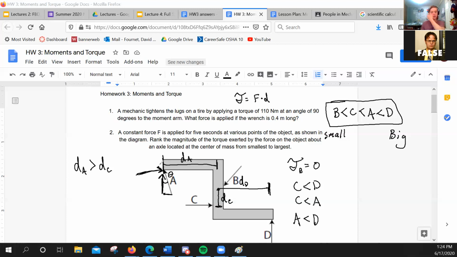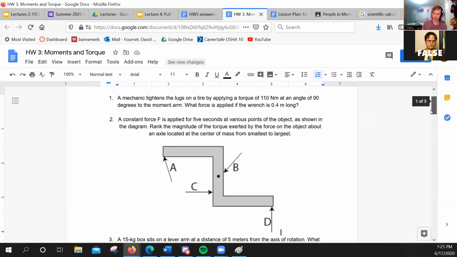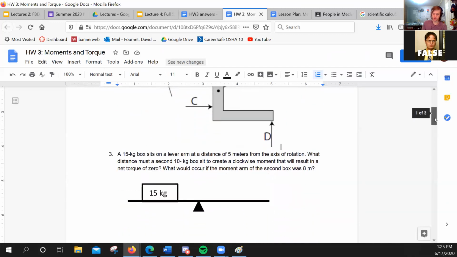But because it's so much further out and it's not at a very harsh angle, we can pretty safely say that it's going to be bigger than C, because there's kind of a give and take between force and distance in this equation. So basically, number 2 is just to show some of those little moment rules.